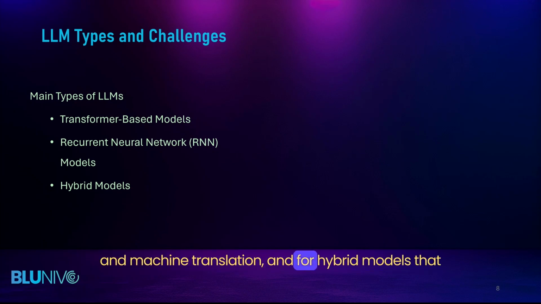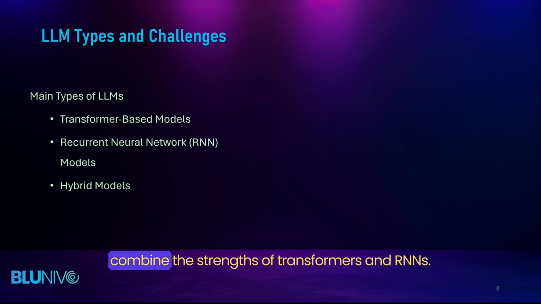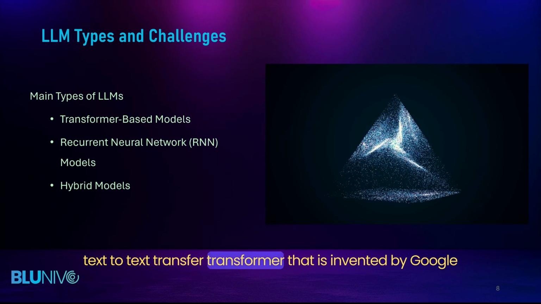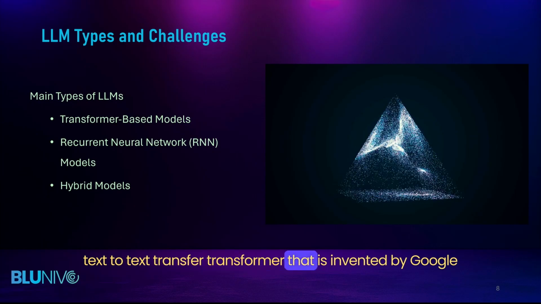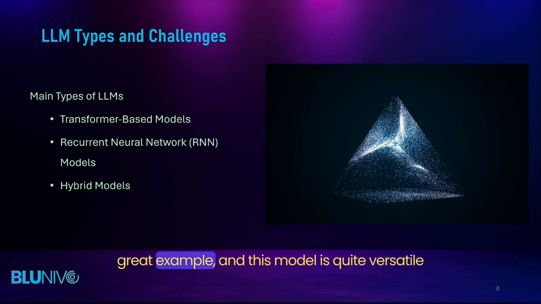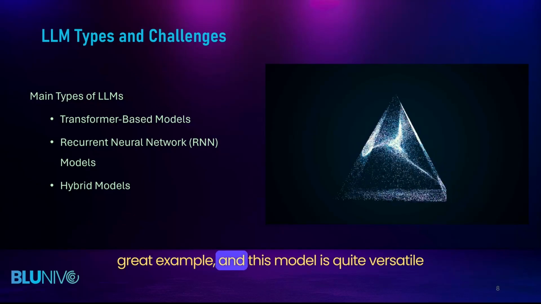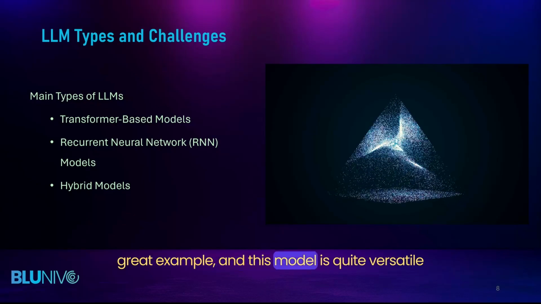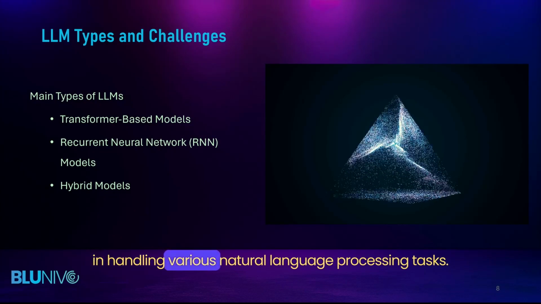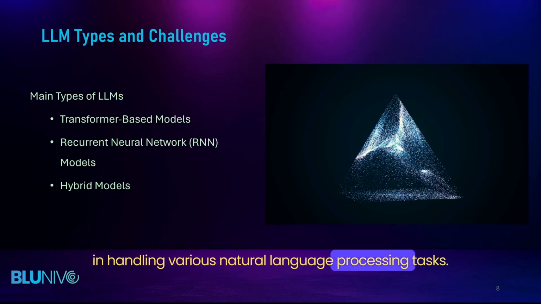And for hybrid models that combine the strengths of transformers and RNNs, one of the very popular ones is T5, or text-to-text transfer transformer, that's invented by Google. It is a great example, and this model is quite versatile in handling various natural language processing tasks.